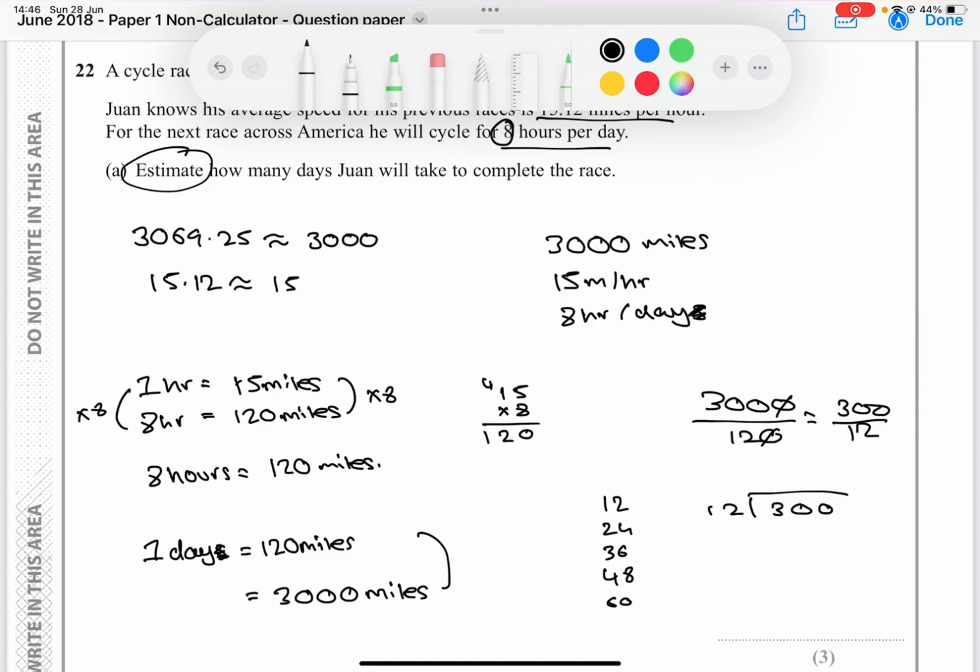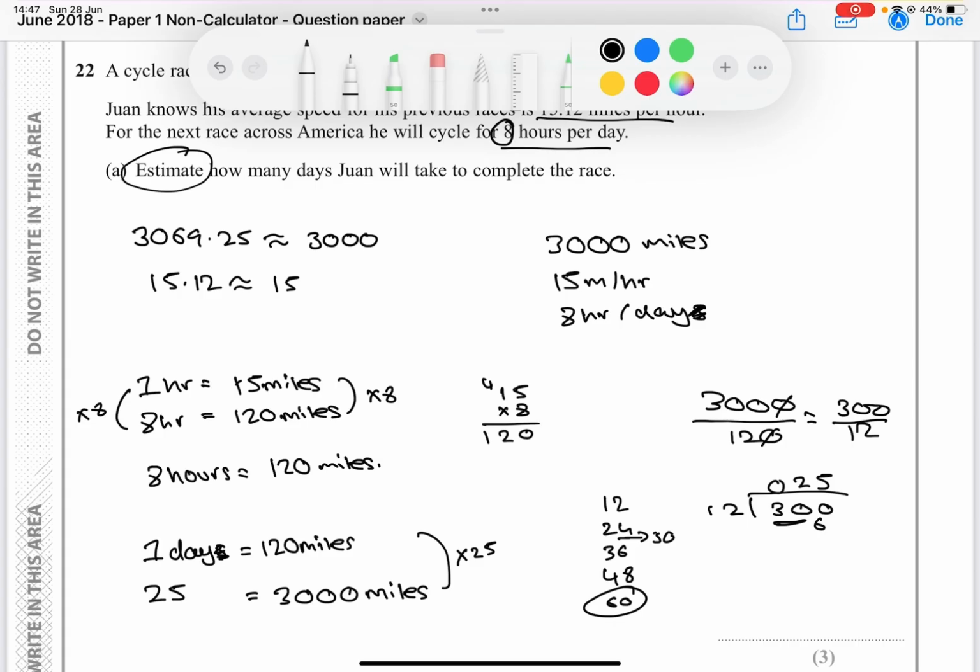3 goes into 12 0 times. So we look at 30 now. 30 goes into 12 how many times? 2 times, with remainder 6, because from 24 to 30 there's a remainder of 6. And 60 goes into 12 perfectly and exactly 5 times. So to go from 120 to 3,000, I will have to multiply by 25.